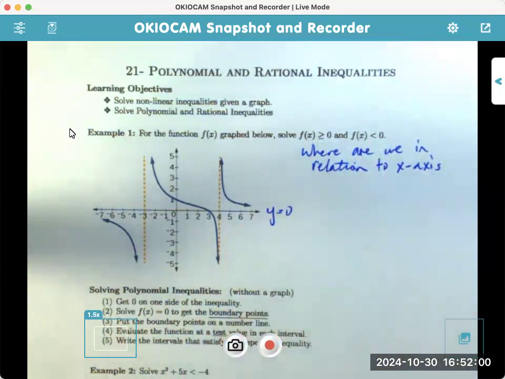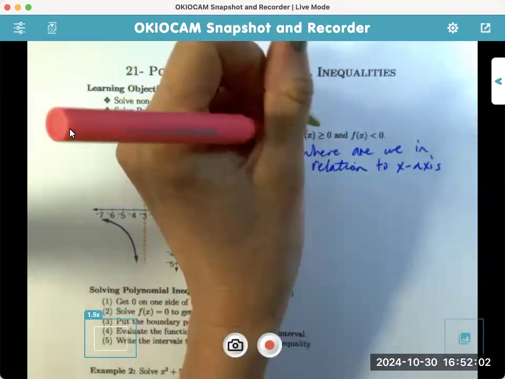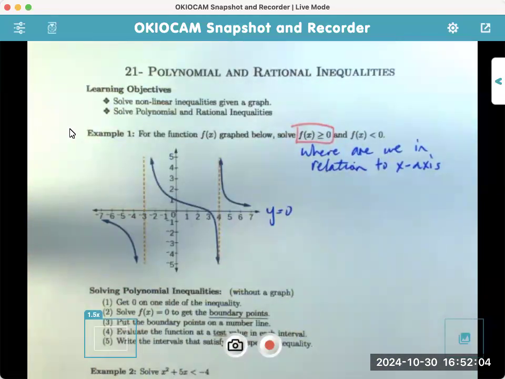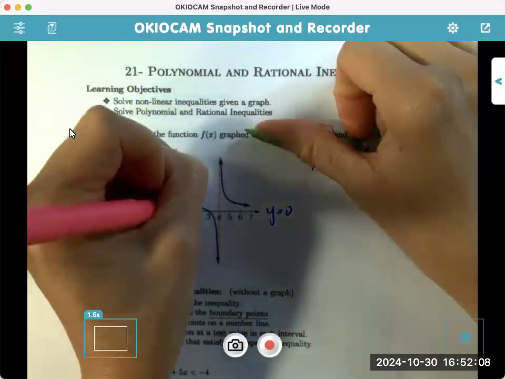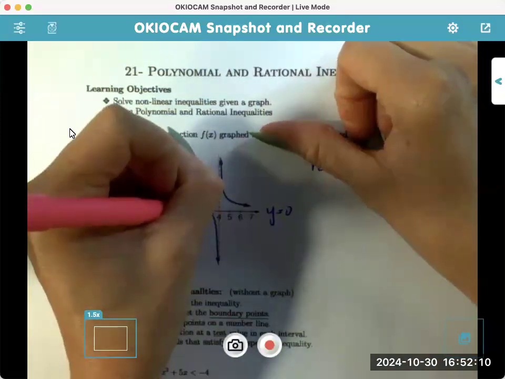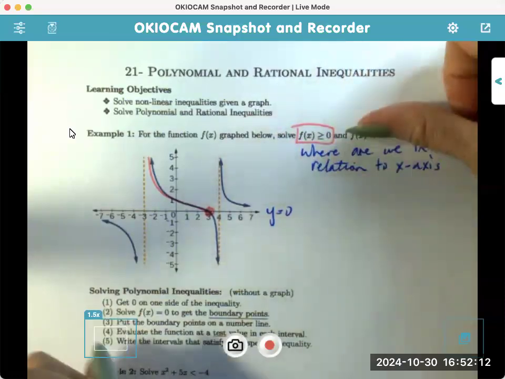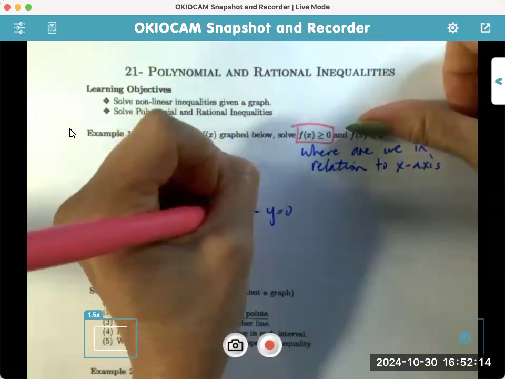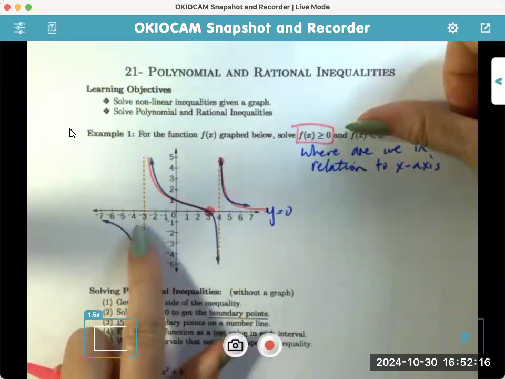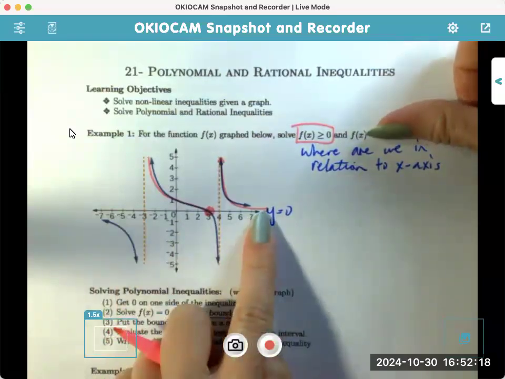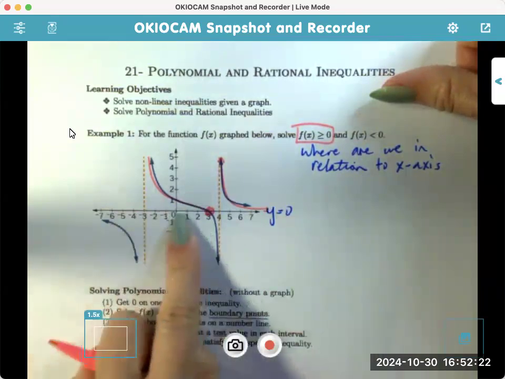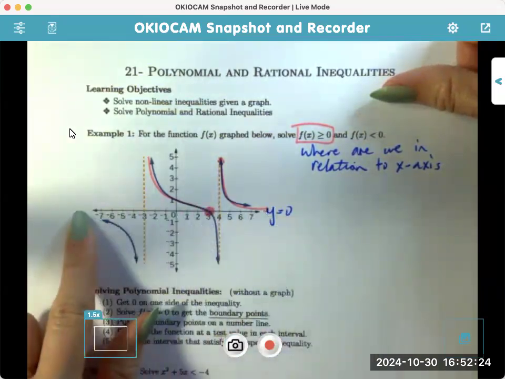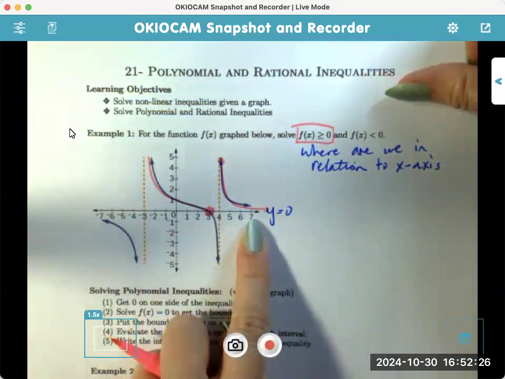So if I do, let's see, say in pink, greater than or equal to 0, well, that would be all of this right here, including 3, and then all of this here. We don't know what the graph is, but it kind of looks like we have maybe a horizontal asymptote of y equaling 0, but we don't know that.